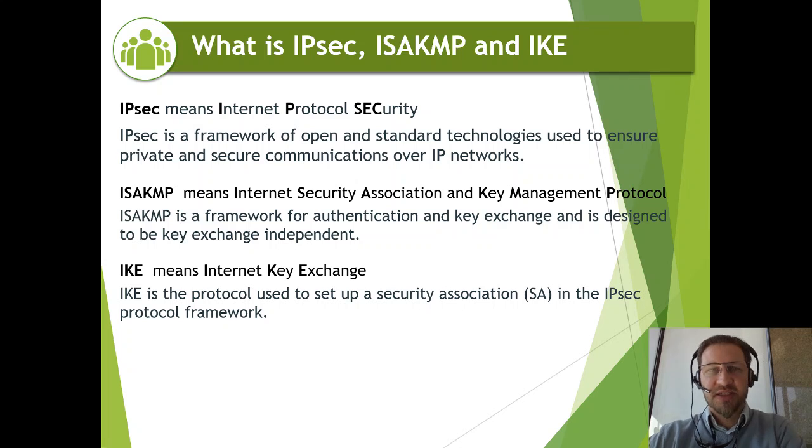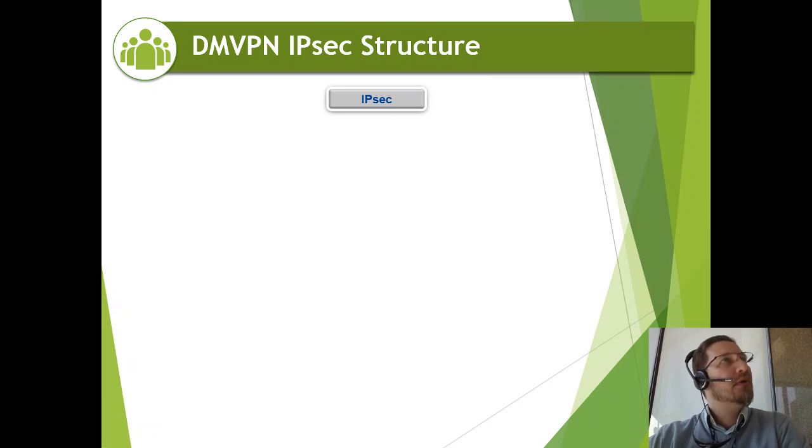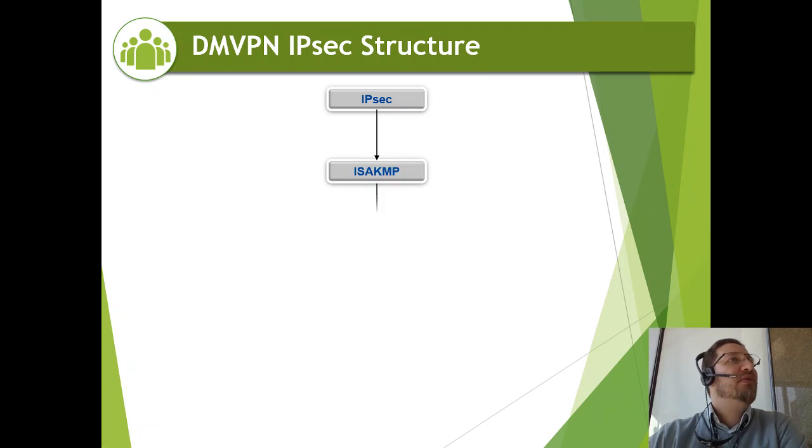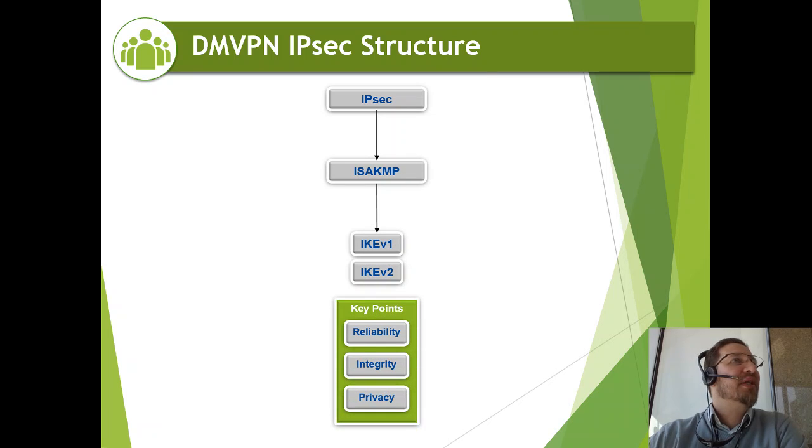Let's see in the next slides how those protocols work, okay? First of all, we have on the top the IPsec, which is integrated with ISAKMP and IKE version 1 and IKE version 2. The key points of all these protocols are reliability, integrity, and privacy.